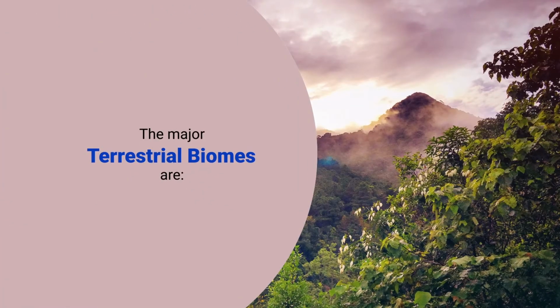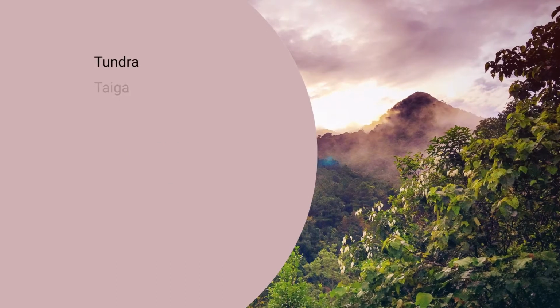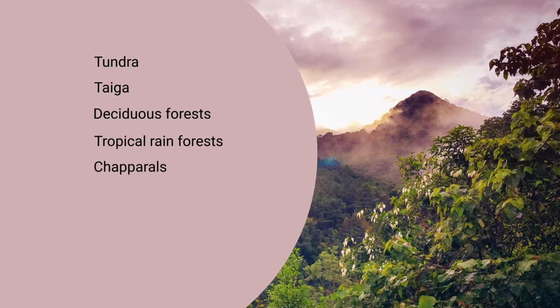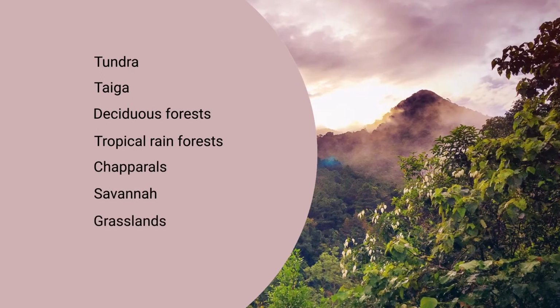Some examples of terrestrial biomes are tundra, taiga, deciduous forest, tropical rainforest, chaparral, savanna, grassland, desert.